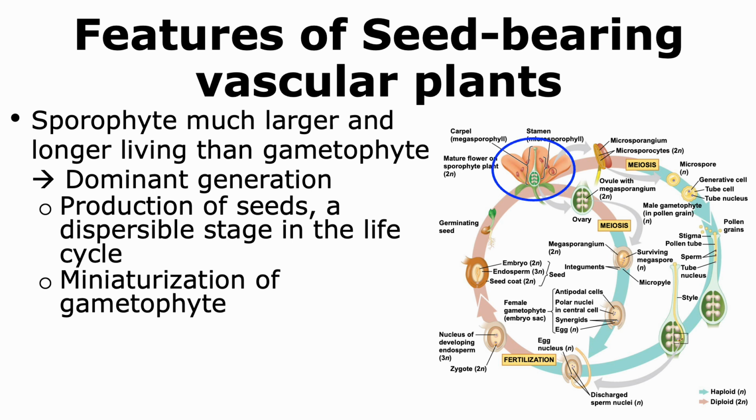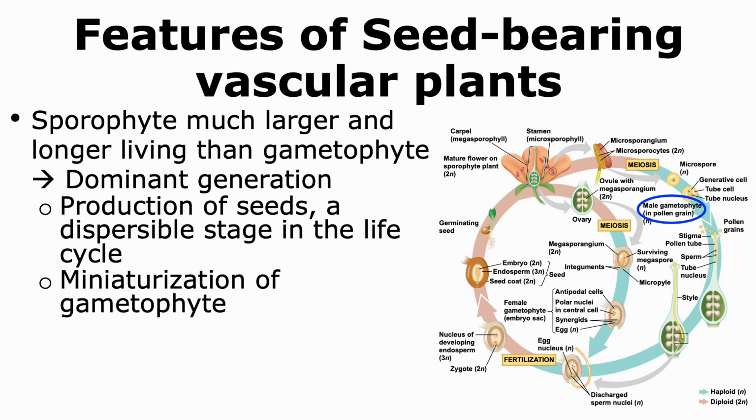The flower that is present on the shrub is much smaller compared to the overall plant. Within the flower, we will have the microsporophylls, which represent the stamens. In the anther part of the stamen, pollen grains will be made, and this pollen grain represents the male gametophyte of the plant.